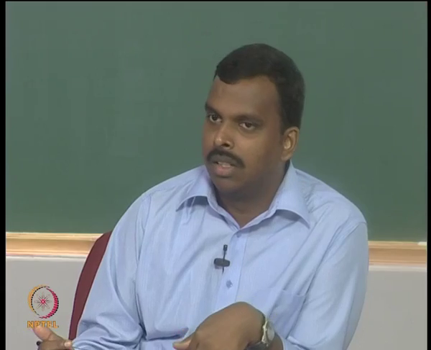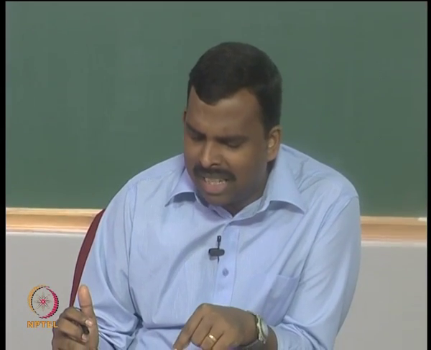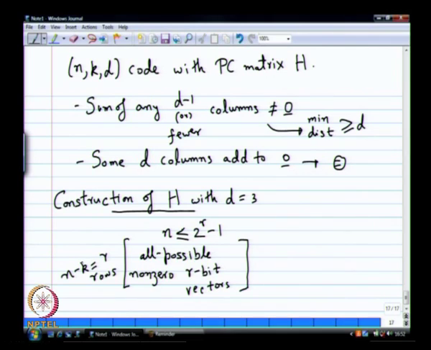So what is the problem with simply saying n minus k equals r? I have assumed what I have put in here is linearly independent. It may not be linearly independent, so I have to check that. As long as it is linearly independent, then my n minus k becomes equal to r, and then I can settle k very easily.